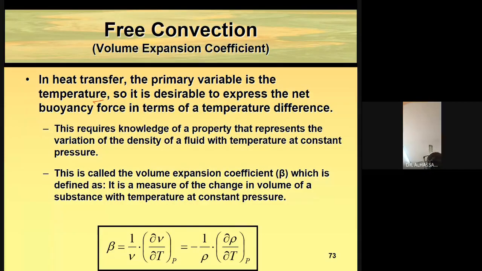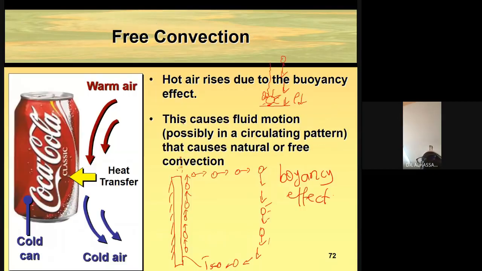Now what I mean by buoyancy force is that when the fluid is moving up, it is moving with a certain force, and this force is known as buoyancy force. It's not like there is a blower. There is no blower; because of the difference in density, the fluid is continuously moving upwards, and this phenomenon is known as the buoyancy force.